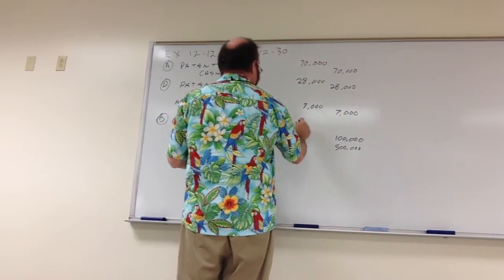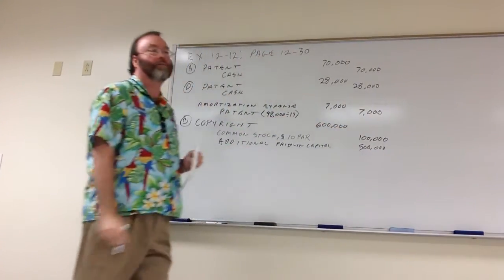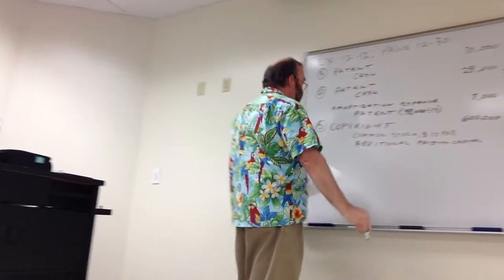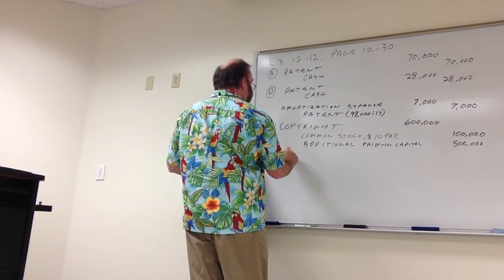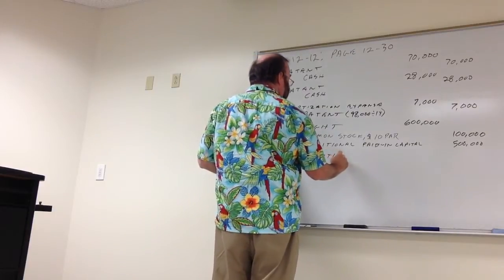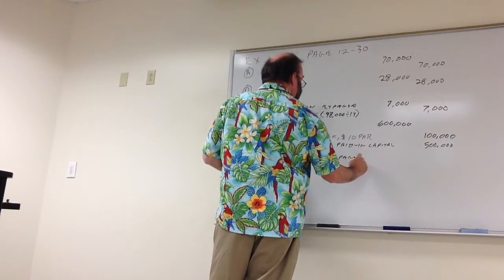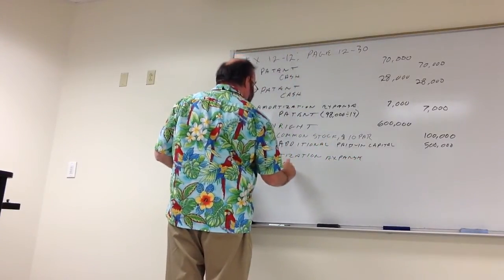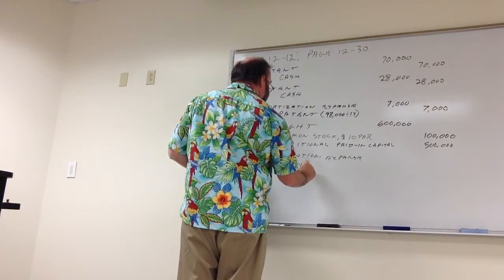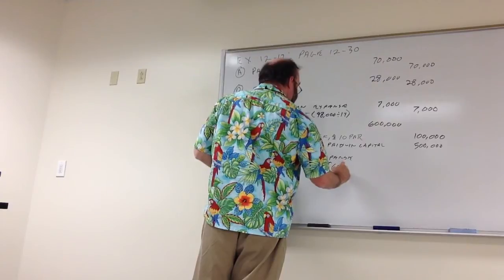So that's a total of $600,000 worth of value that we are purchasing this novel for. The year-end adjustment is the same: amortization expense and copyright. So we've got $600,000.